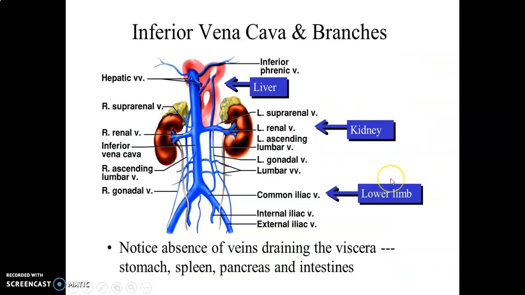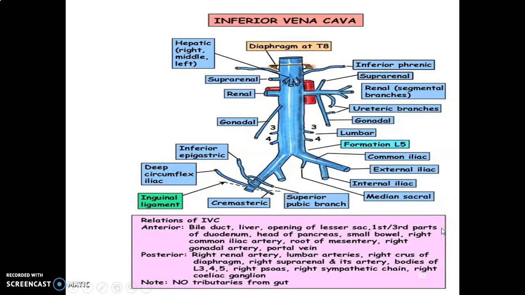Those will have to first go through the portal vein to the liver, then from the liver through hepatic veins back to the inferior vena cava. Again, just pause and look at the relations of the inferior vena cava and the tributaries of the inferior vena cava, and how the left suprarenal and left gonadal first have to pass through the left renal to get to the inferior vena cava.